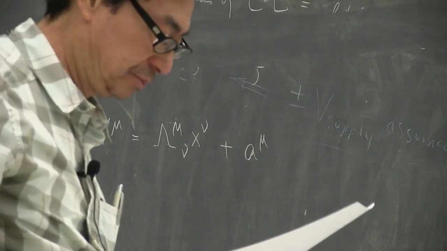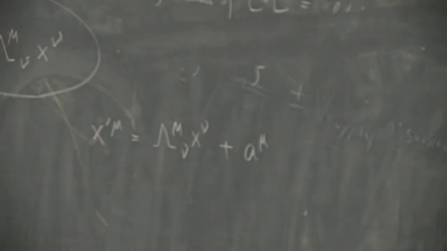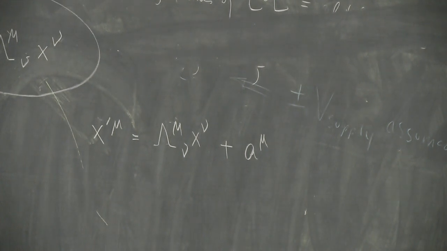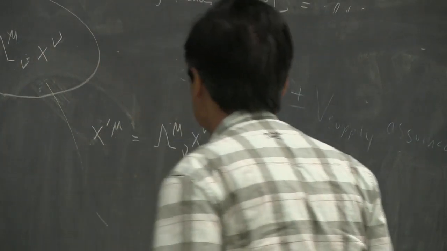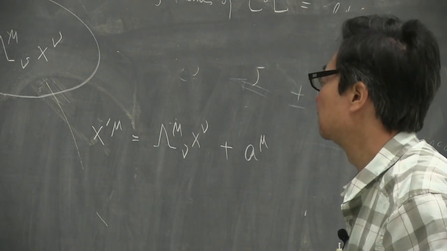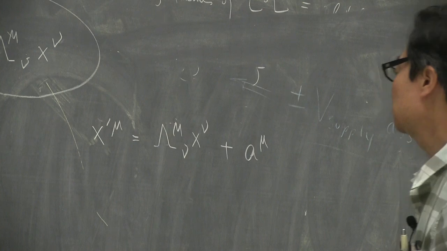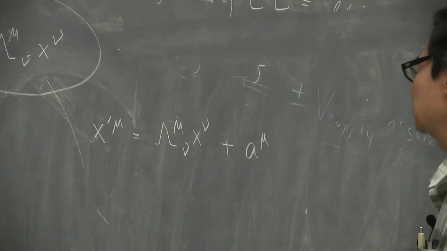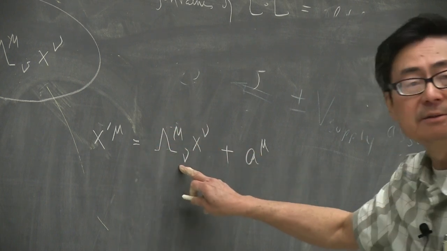In fact, there's a name attached to this group. It's called a Poincare group, which involves all the four-dimensional rotations as well as the translations. Now, the translations can be thought of as this, where this is the identity in here.